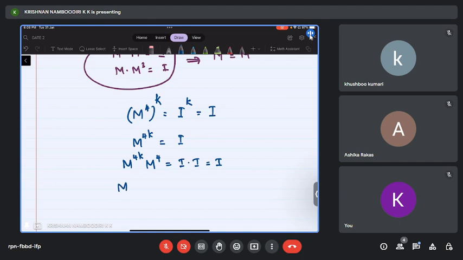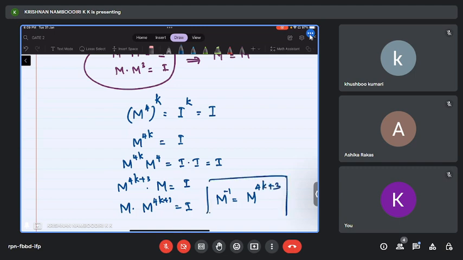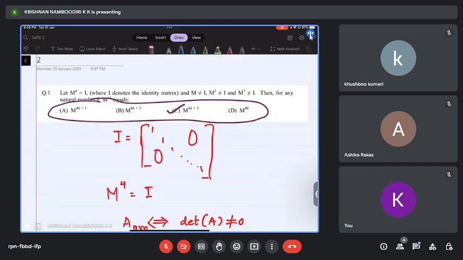So this can be written as m power 4k plus 4, or m power 4k plus 3 into m, which is equal to I. Or in other words, m into m power 4k plus 3 equal to I. So m inverse equal to m power 4k plus 3 for any integer k. So far so good. So the answer to the question is option C.